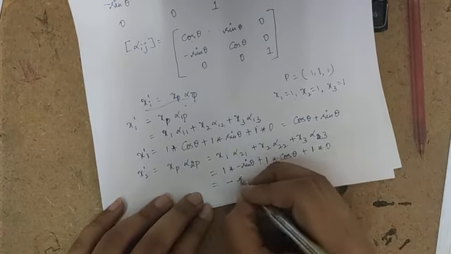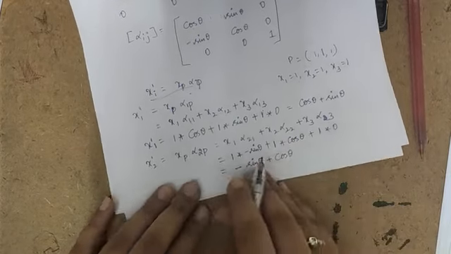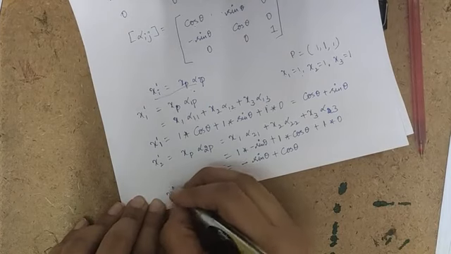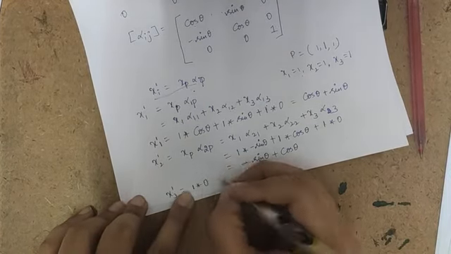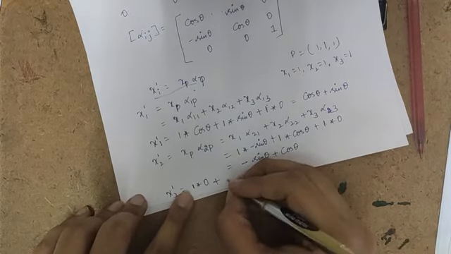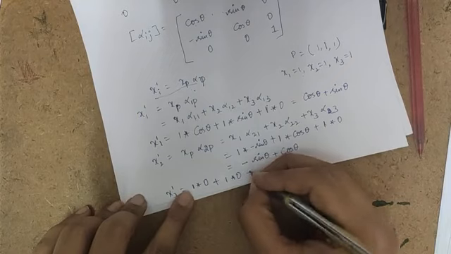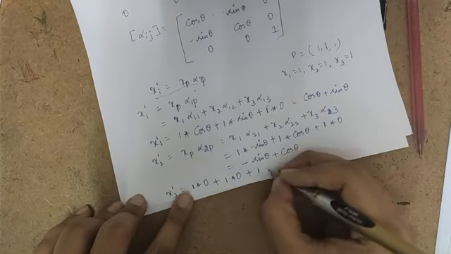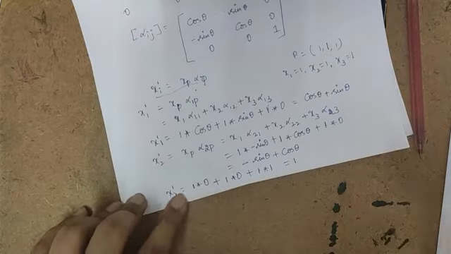So what we get is minus sin theta plus cos theta. Similarly x3 prime: x1 is 1 into alpha 31 is 0, plus x2 is 1 alpha 32 is 0, plus x3 is 1 alpha 33 is 1. So x3 prime is 1.